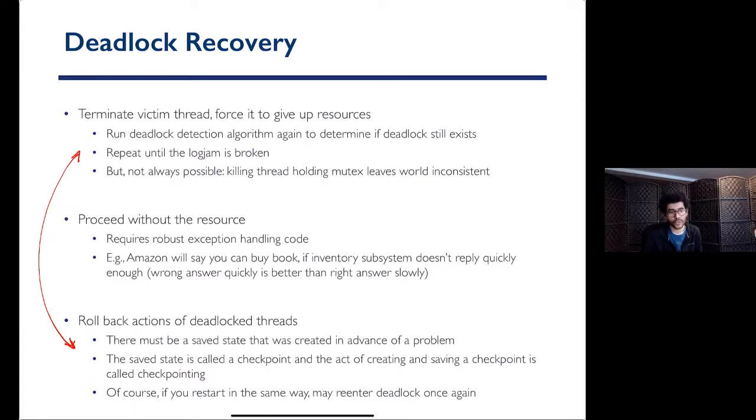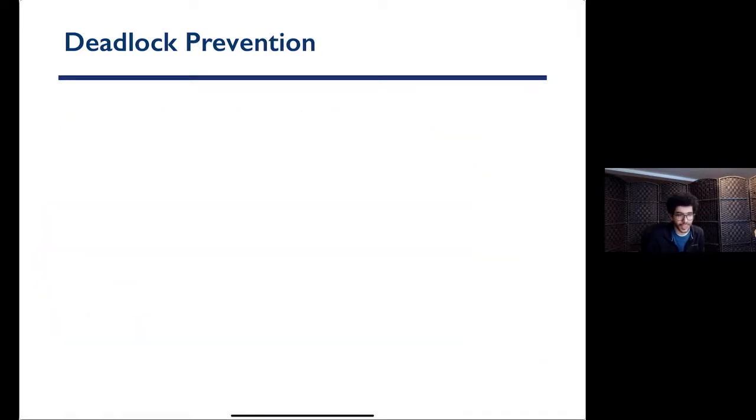So if you go back to a checkpoint and it's deterministic, the way the threads are asking for resources, you might again end up finding yourself in a deadlock. Okay, so I think the gist of it is that the recovery from deadlock is hard, and that is a segue to the next topic.